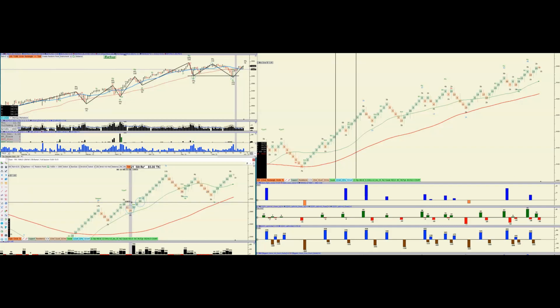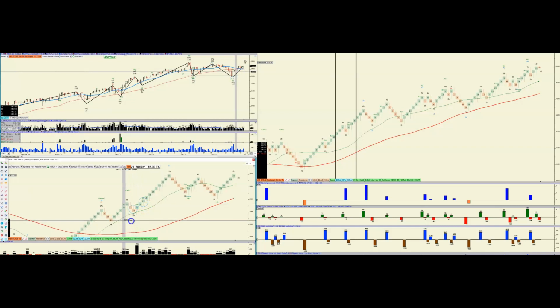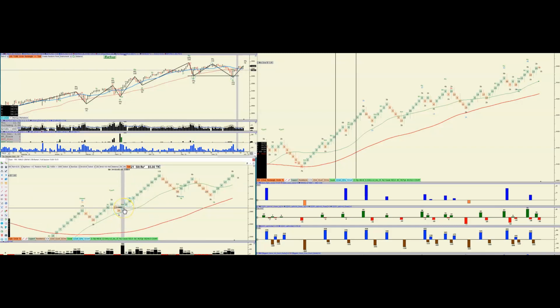It's for the same exact reason, because demand overcame supply. And this is very obvious because you see here is 77. Look at the volume. It's a no-brainer, right? All that pressure overcame supply and initiated this move.